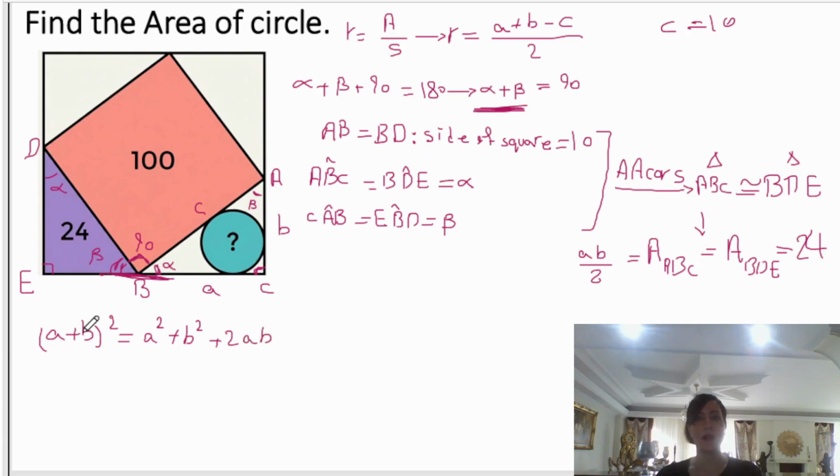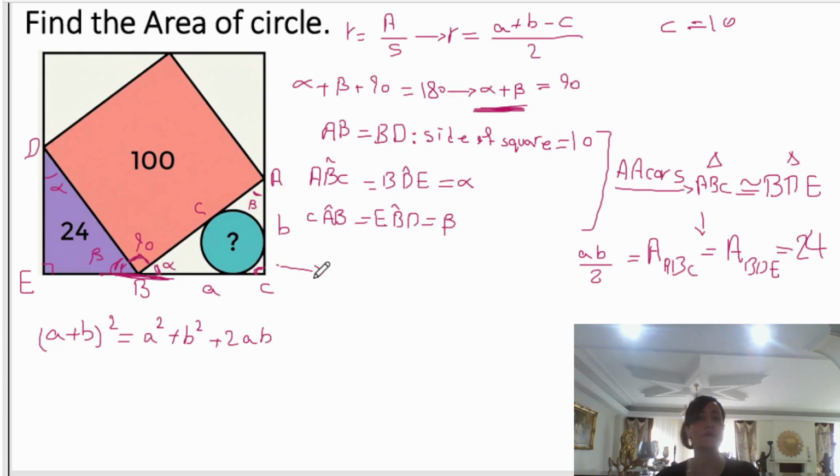A square of sum. I try to use the square of sum. Anyway, a to the power of 2 plus b to the power of 2 gives me c to the power of 2. Why? Because the triangle ABC is a right angle triangle.